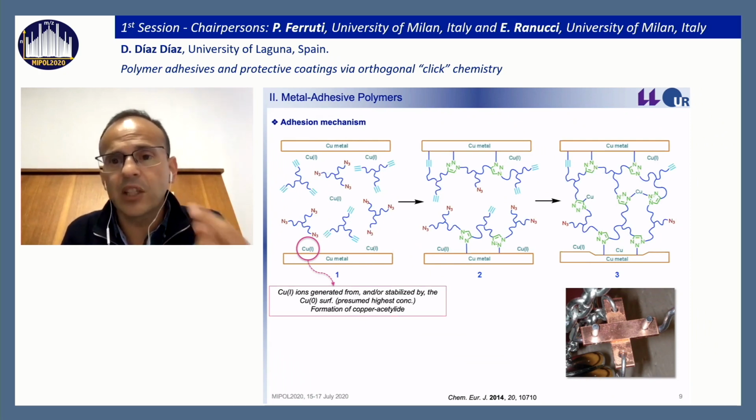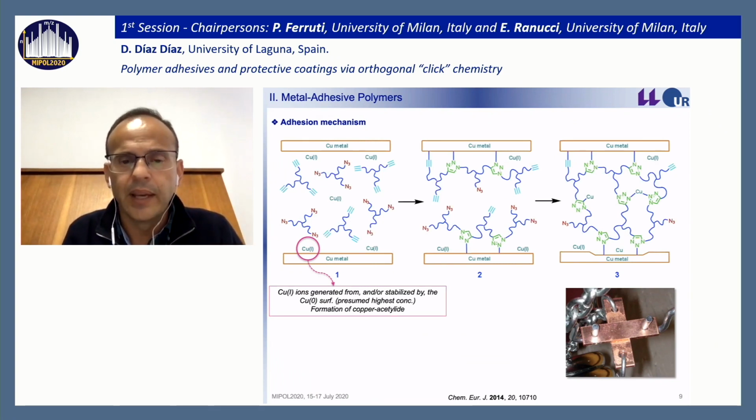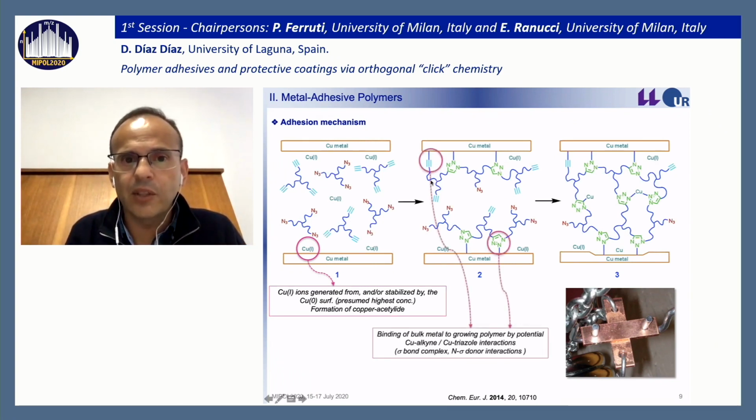And remember that the copper acetylide is the key intermediate for the click reaction, right? So basically you promote the binding of the growing polymer to the metal surface. And we also have a potential interaction between the triazole that we are forming and the metal surface. So here we involve a sigma bond complex or a nitrogen sigma bond donor interaction.